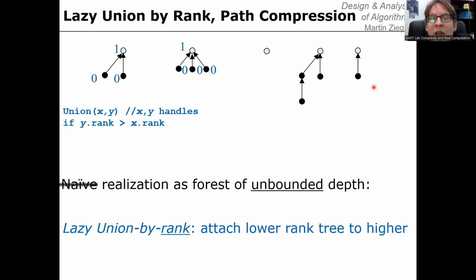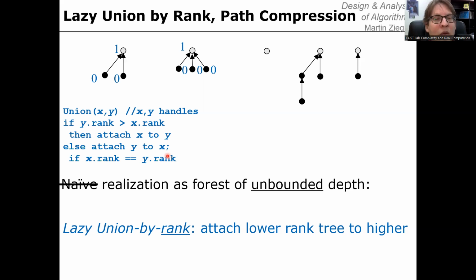We take the tree with smaller rank and attach it to the tree with larger rank. So we attach x to y if x has smaller rank. Otherwise, we attach y to x if y has smaller rank. If both have the same rank, then we need to break ties arbitrarily, and here we do that.